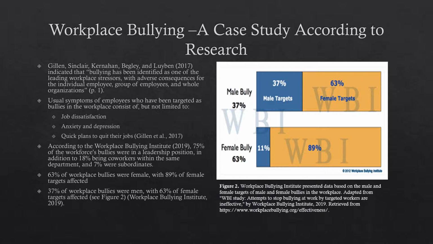Figure 2 shows here the breakdown of male bullies and female bullies, as well as the percentages of targets, albeit male and female. And this is the information that came from a 2012 Workplace Bullying Institute survey.